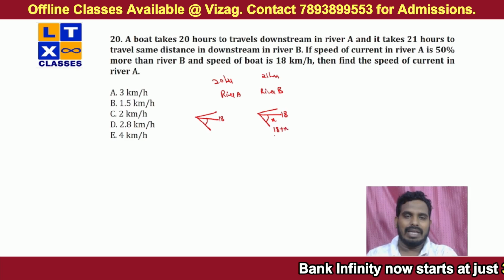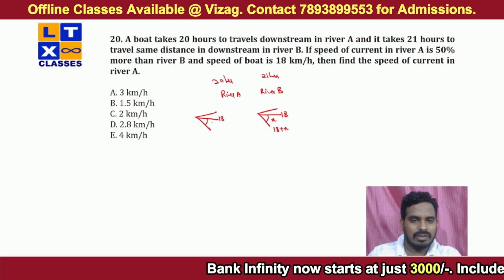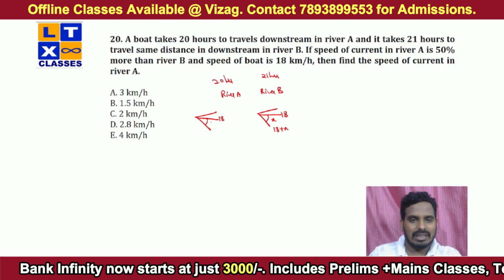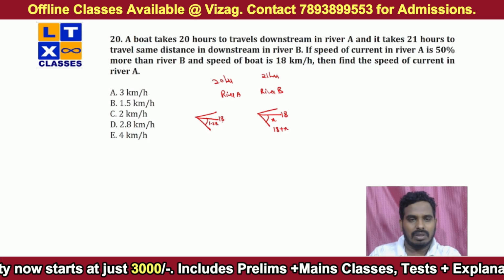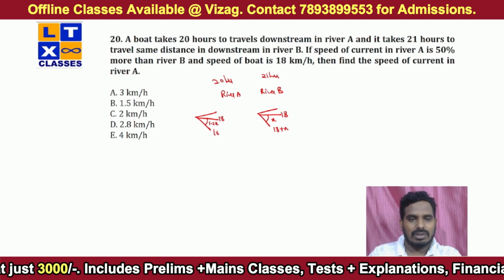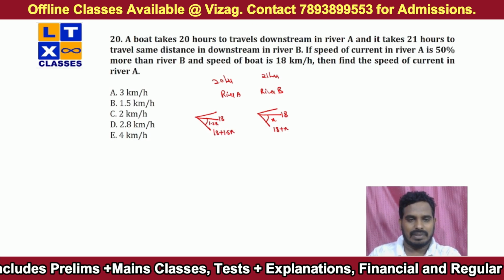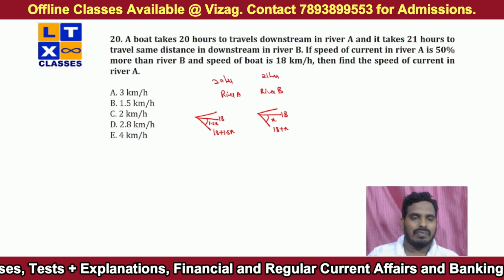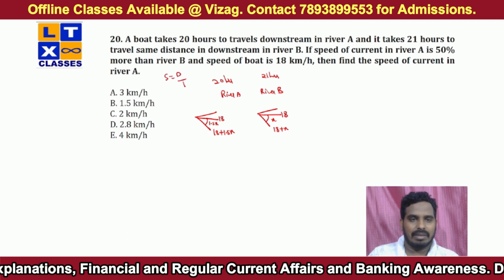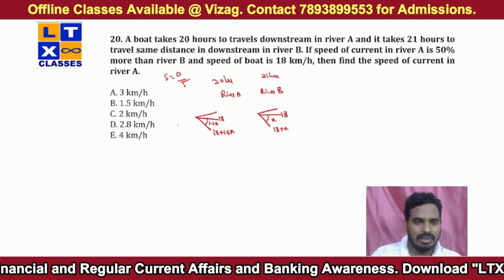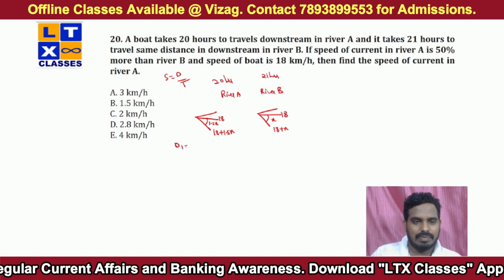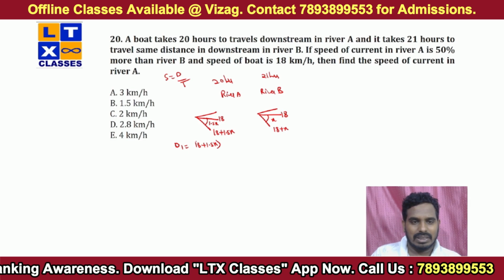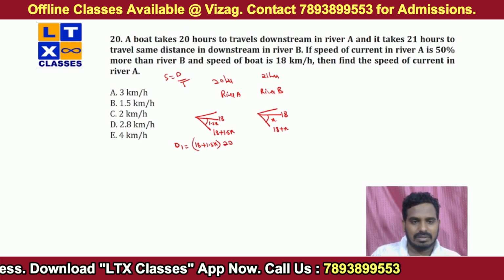So downstream would be 18 plus x. Now, if the speed of the stream in river B is x, then it would be 50% more, which is 1.5x. So this is 18 plus 1.5x, the downstream speed of river A. Now, from the formula, speed equals distance by time, my distance would be speed into time. So the first distance would be speed, that is 18 plus 1.5x, into time, 20 hours.